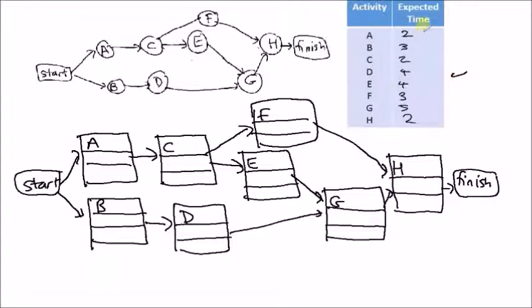Previously, we have calculated the expected time for each activity. Now we enter this expected time into the project network. For example, expected time for activity A is 2. So we enter 2 here. For B it is 3.